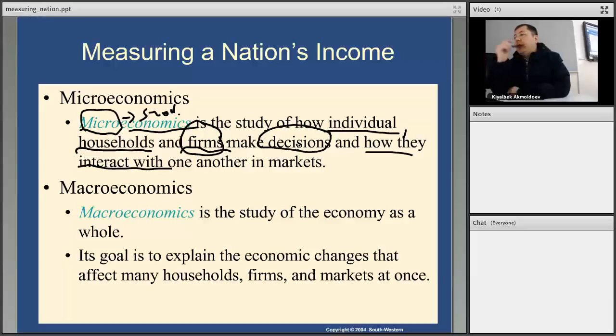This is what microeconomics is about, which we studied in the first semester. Microeconomics studies how buyers, individuals and households, and sellers make decisions.